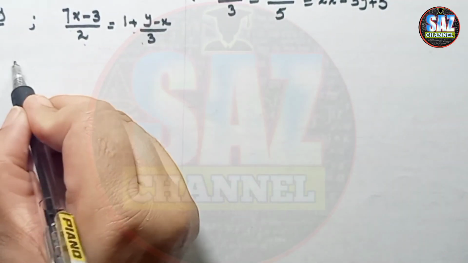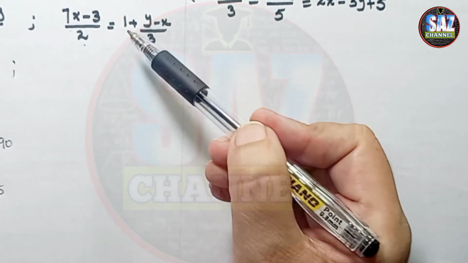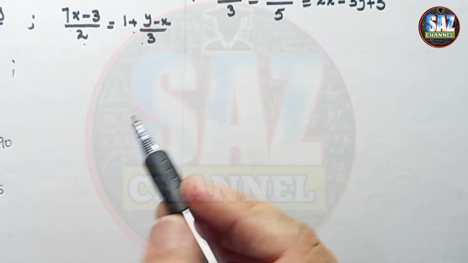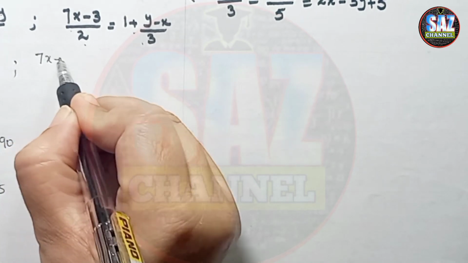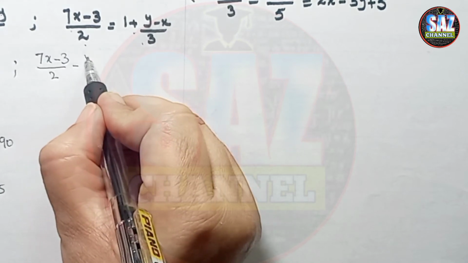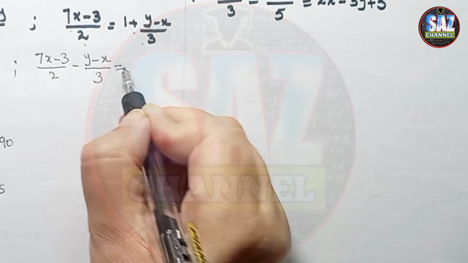The next equation is again (7x - 3)/2 = 1 + (y - x)/3. Shift the fraction terms, like terms, to the same side. It will take the form (7x - 3)/2 - (y - x)/3 = 1.